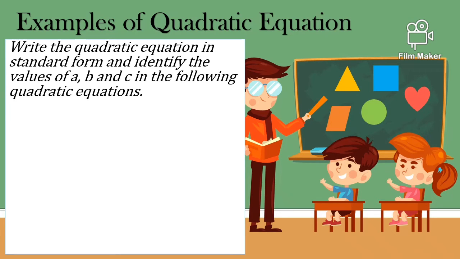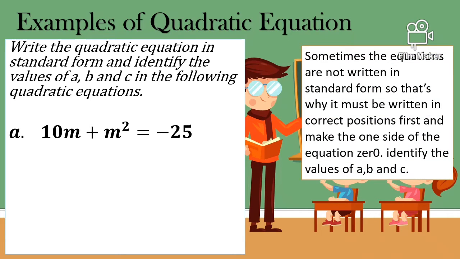Write the quadratic equation in the standard form and identify the values of a, b, and c in the following quadratic equations. Let's have 10m plus m squared is equal to negative 25. If you notice, this equation is not yet written in its standard form, because sometimes the equations are not written in standard form, so it must be written in the correct positions first and make one side of the equation 0.